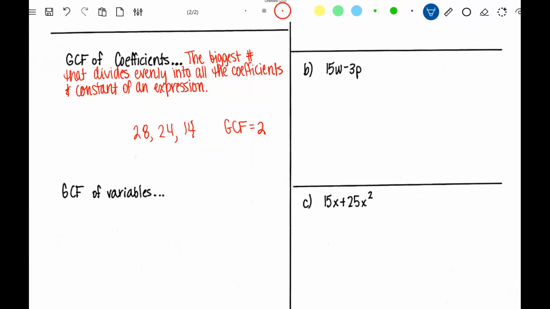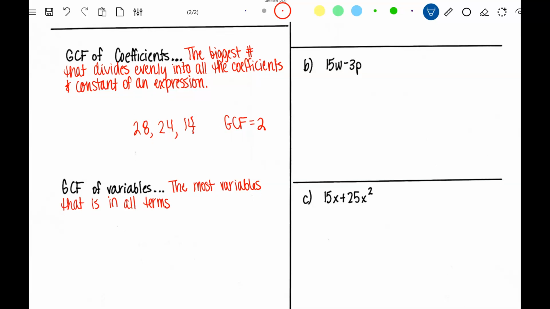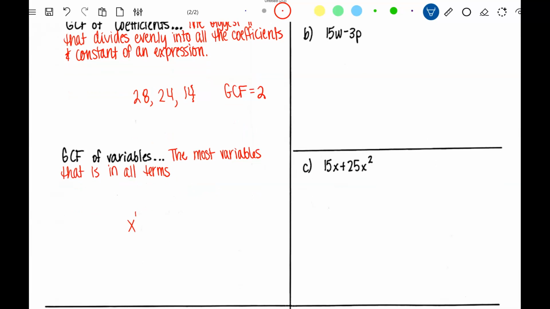The greatest common factor of variables is the same kind of thing. It's the most variables that is in all terms. Okay, so if we're talking about x to the 5th, x cubed, and x to the 7th.